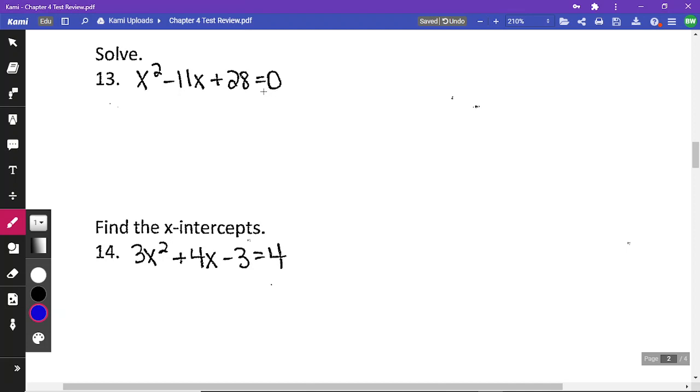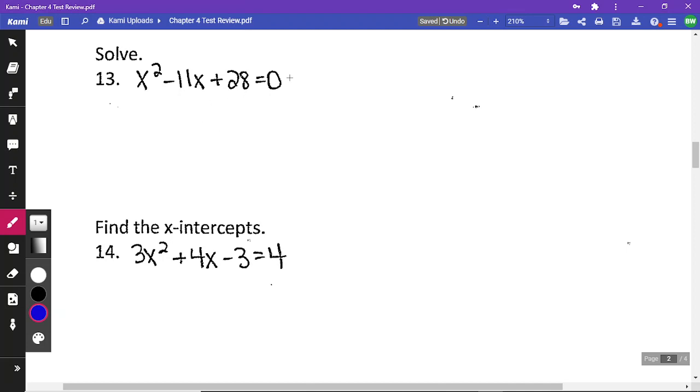The way to do it is to factor it, and then one of the factors has to be 0. And remember, for this method to work, you have to have 0 on the right. Okay, if you're going to solve an equation like this next one, find the x-intercepts means the same thing as solving that equation. So it won't work though until we get rid of that 4 on the right. We have to have 0 on the right. So we'll look at that in a second.